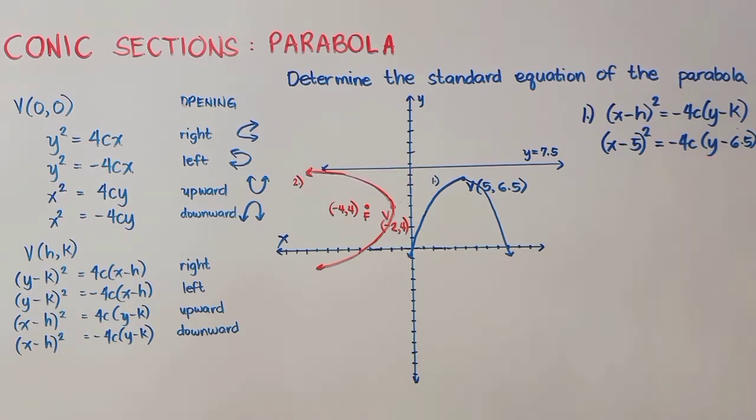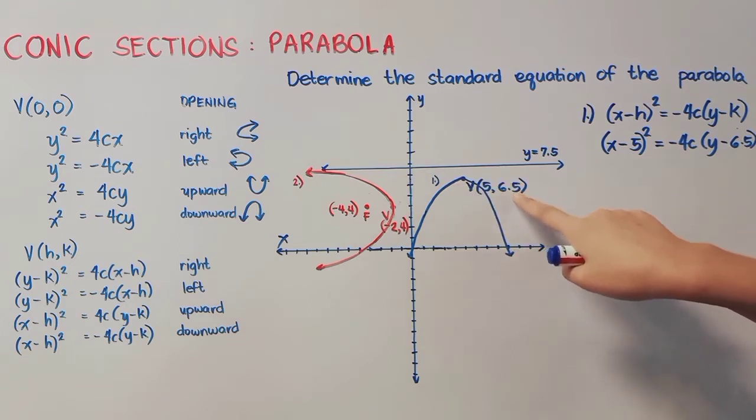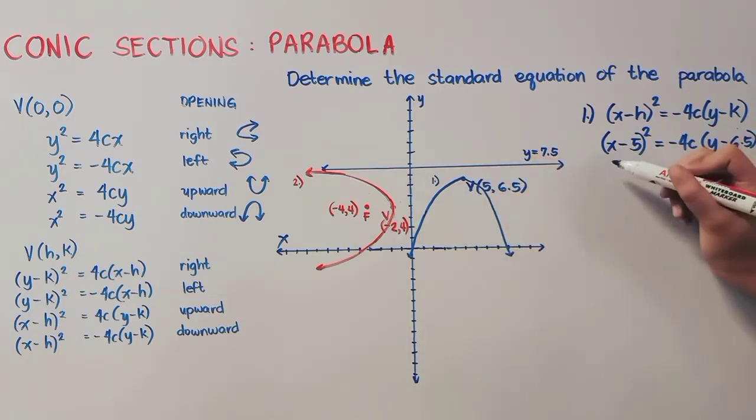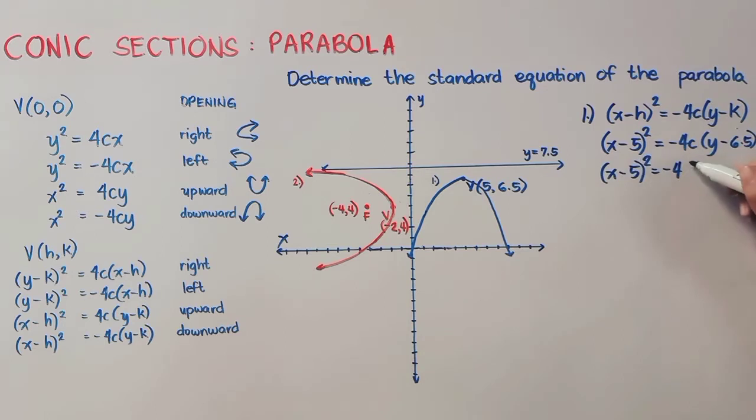So we have here 6.5 going to 7.5. Therefore, our c is 1. So we have here (x minus 5) quantity squared is equal to negative 4, our c is 1, multiplied to (y minus 6.5), which is 13 over 2.